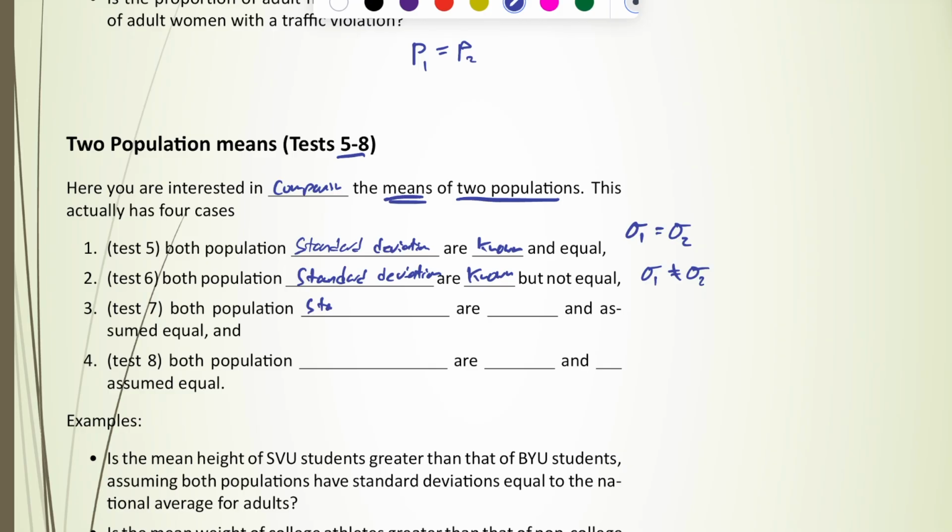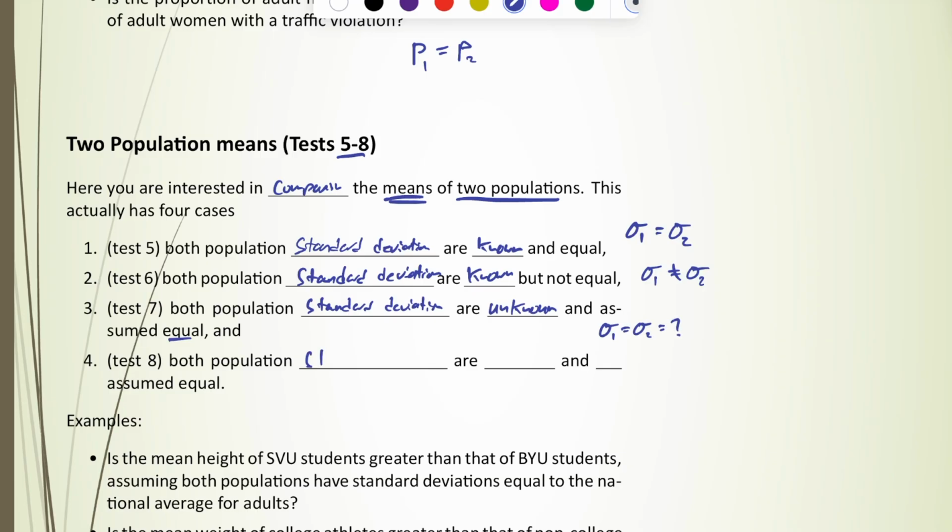Next is when both population standard deviations are unknown and assumed equal. So you don't know what they are, but you're assuming that they're equal.